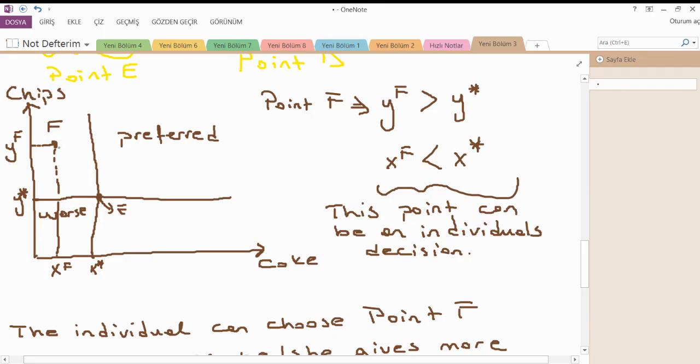If an individual likes chips more than Coke, the utility that he gets from more chips and less Coke can be equal to the utility that he or she is going to take from consuming point E combination.